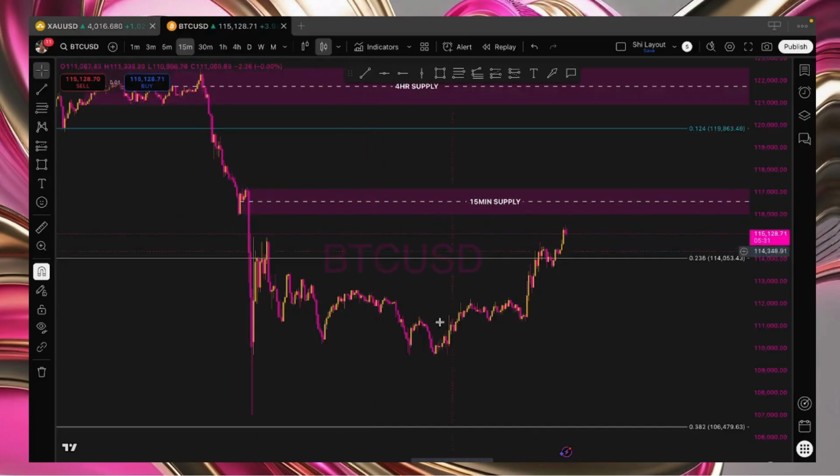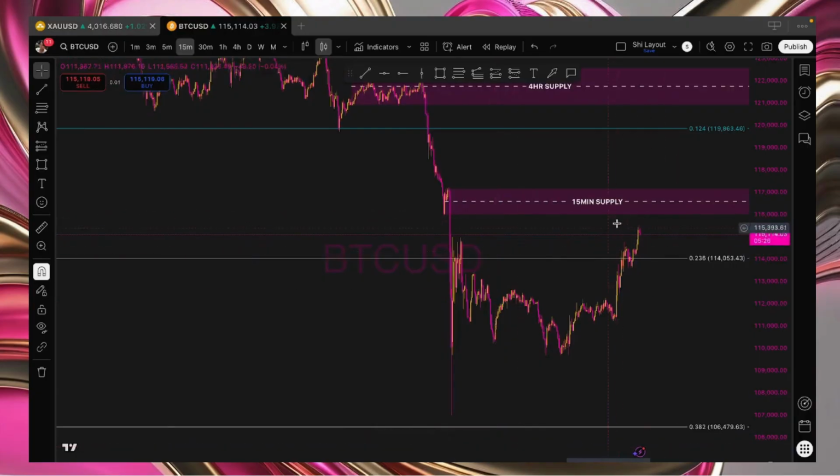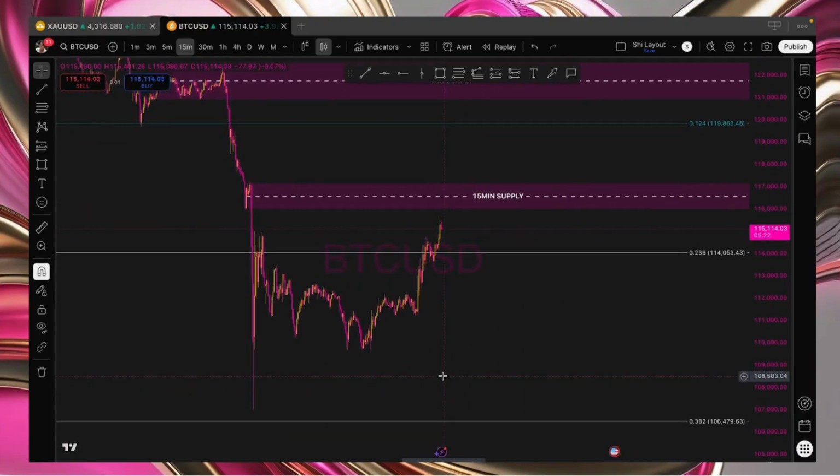But based on my analysis, I feel like we can get a deeper discount if you're trading the ETF of Bitcoin. I feel like you should wait. I'm not a financial advisor. This is just my analysis, right?